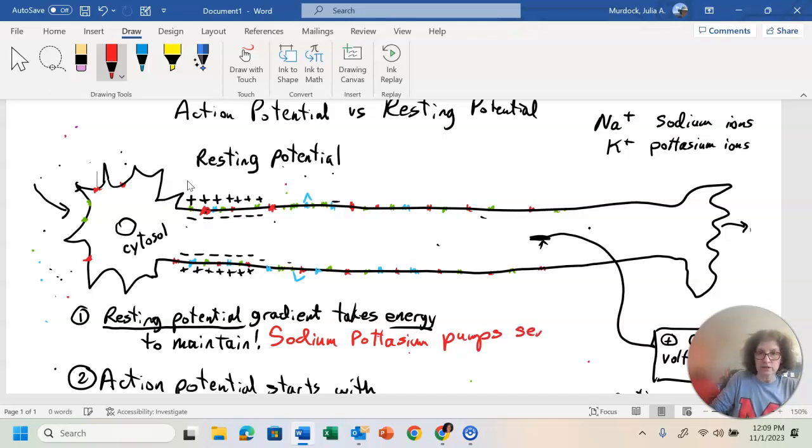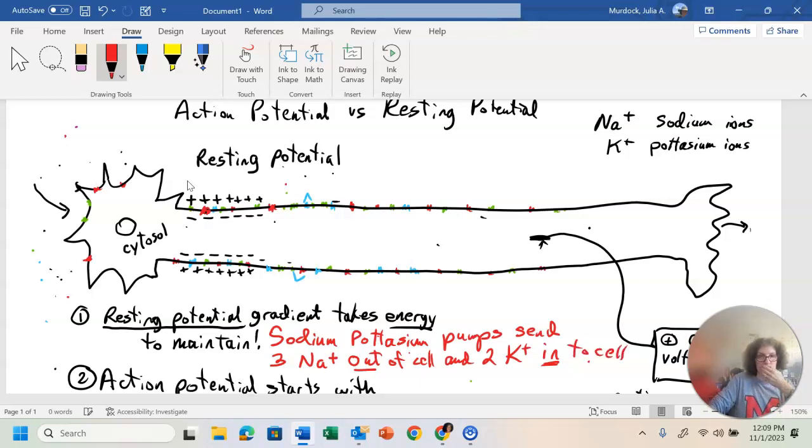They send 3 sodium ions, which you remember are positive, out of the cell, right? Out of the cell. And at the same time, 2 potassium ions, they bring into the cell. Okay. So what's happening here?